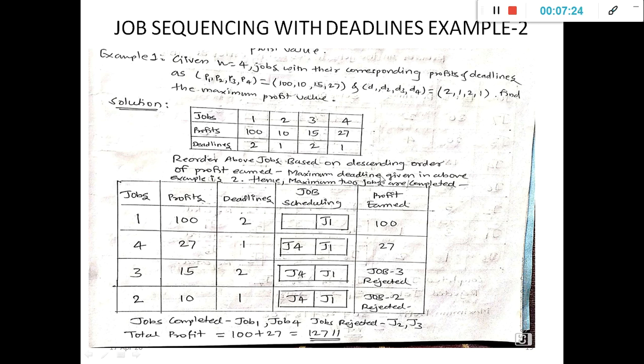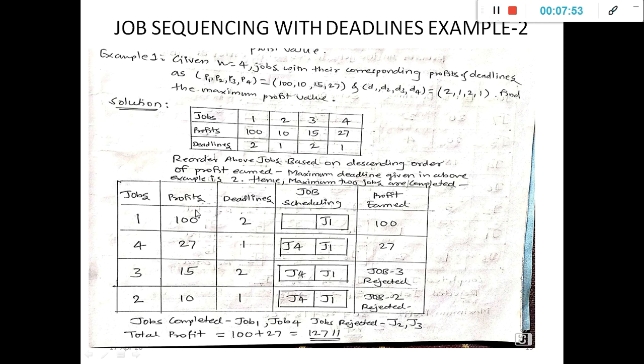The given example is shown in table 1. Among all the given jobs, the highest deadline is 2, hence a maximum of 2 jobs will be executed and 2 jobs are rejected. Now reorder all the jobs according to descending order of their profit earned as shown in table 2.